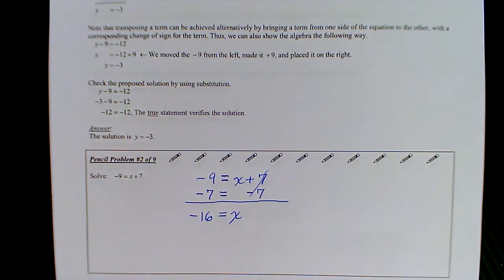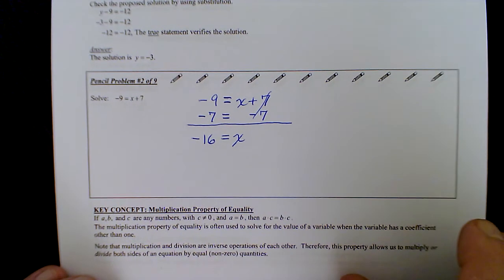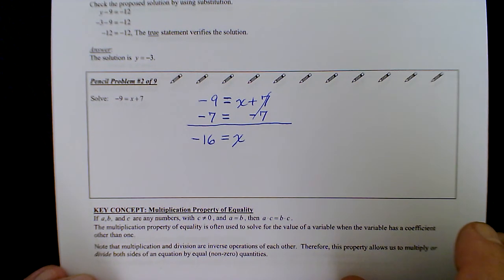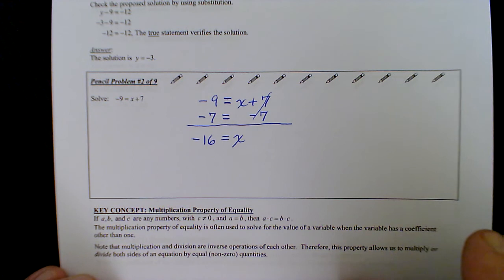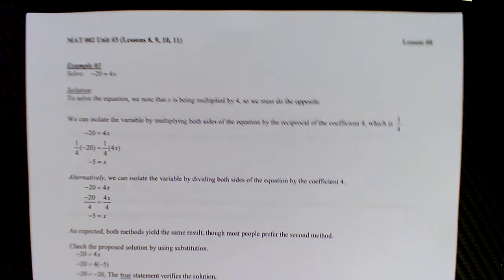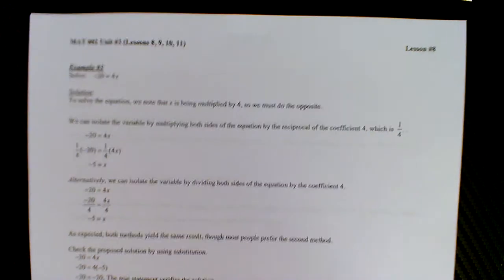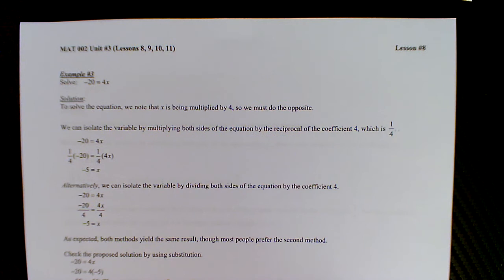Then we have the multiplication property of equality, which basically we've used before when we solved proportions. We really used it in the form of a division. So the rule is basically that you could divide both sides of an equation by any number you want to obtain an equivalent equation, and multiply as well.